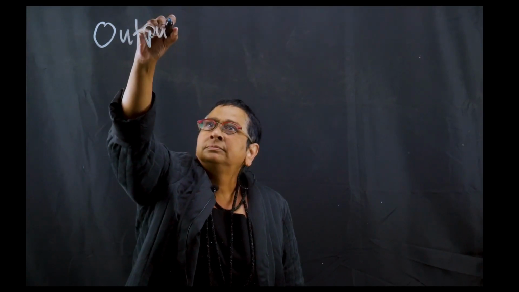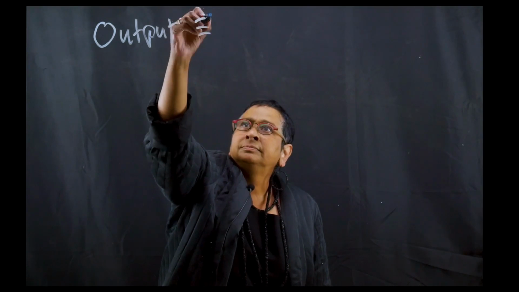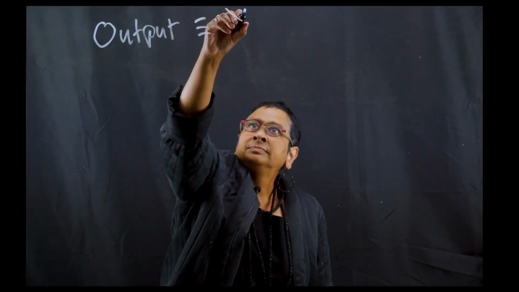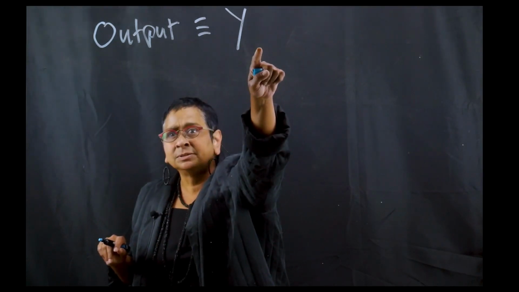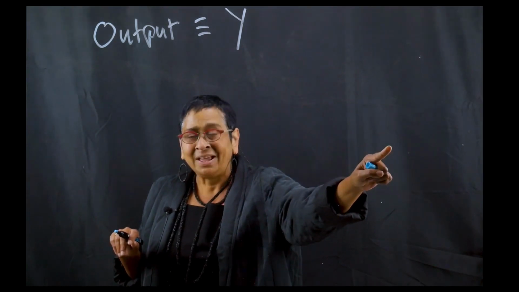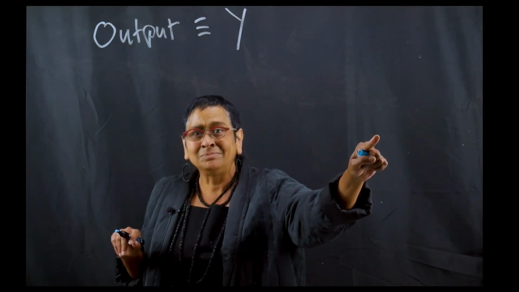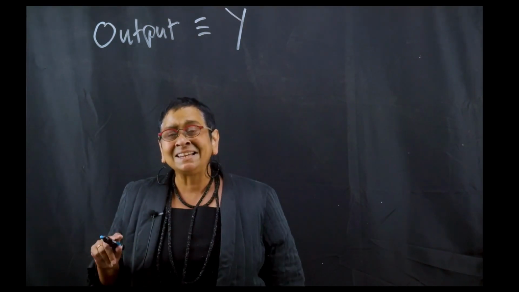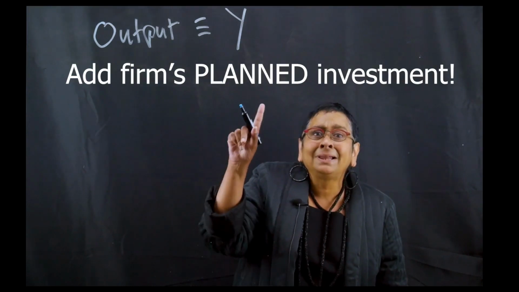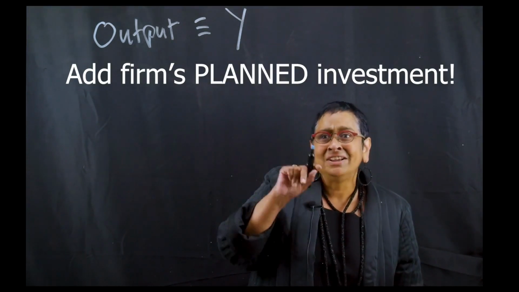The key to understanding this is that output is what I'm going to call Y, all right? This output is going to become your income, and then some of this income will get consumed, to which I will add firms' planned investment.